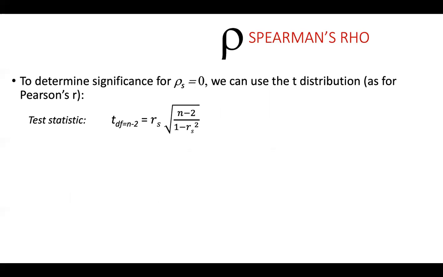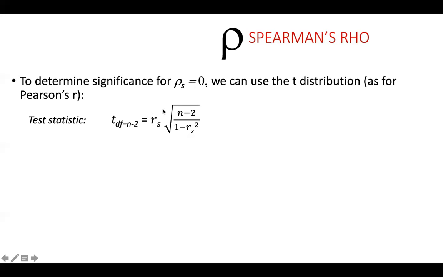Right. In the more frequent case that we are testing for a population correlation of 0, so we're basically testing whether our sample is likely or unlikely to come from a population with a true correlation of 0, we can use a t distribution, in very much the same way as we did for Pearson correlation. This is our test statistic here that follows the t distribution.